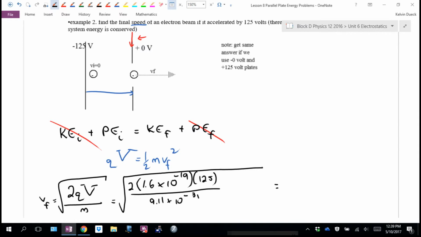You're going to get an answer at least 10 to the 5th or 10 to the 6th or 10 to the 7th. In other words, if you do this and you get an answer of like 38, you've really messed up. Electrons move far faster than our eyes can spot. If you get an answer bigger than 3 times 10 to the 8th, faster than the speed of light, you probably forgot the square root, because that's by far the most common sloppy mistake on this. What do you get? How fast is it traveling?